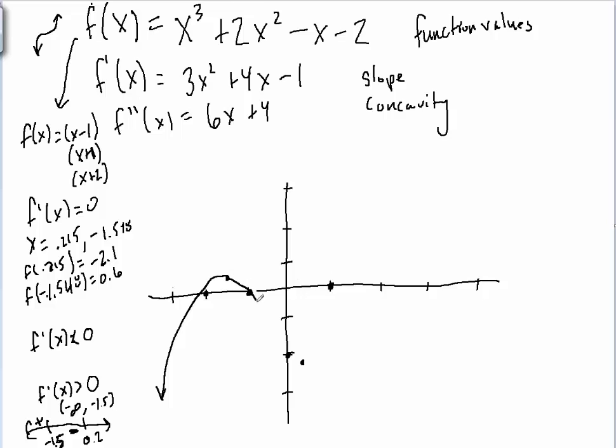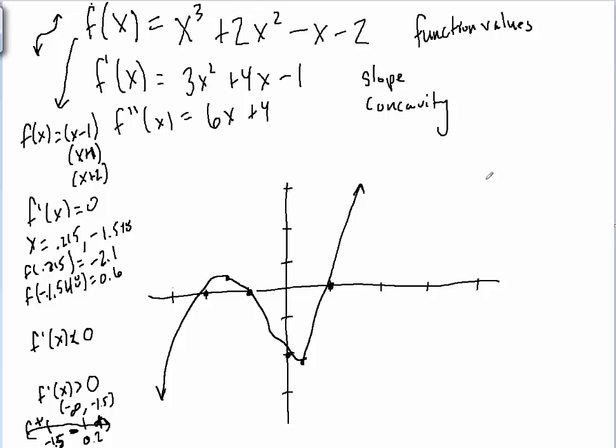Then taking the value of x equals 2, plugging that into the first derivative, we get 19, which is positive. So slopes are positive, function increasing. There's our rough sketch of the graph.